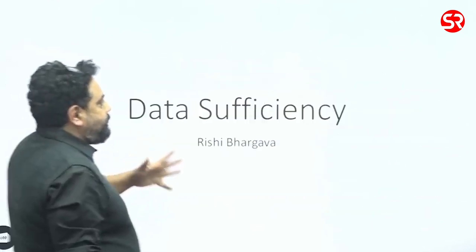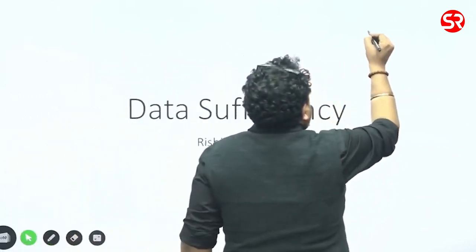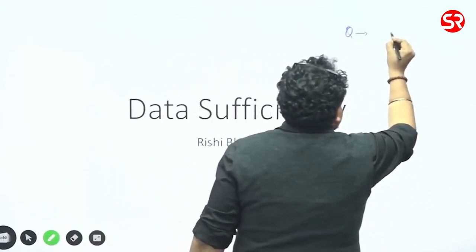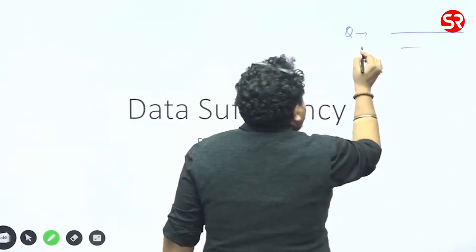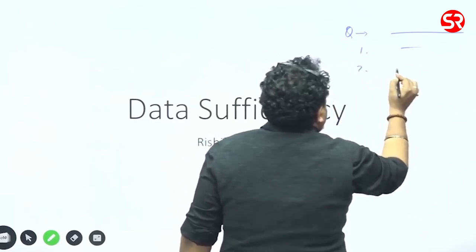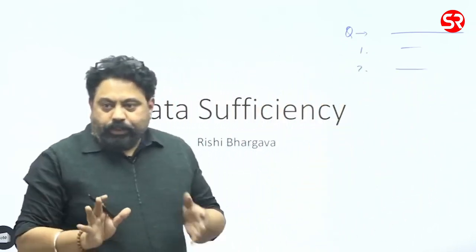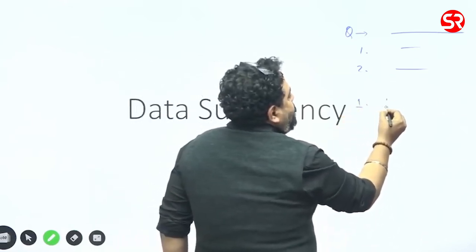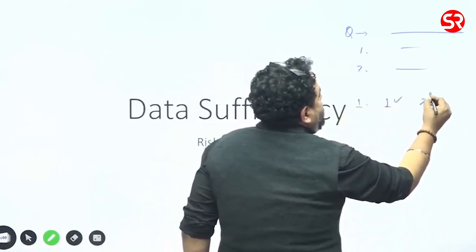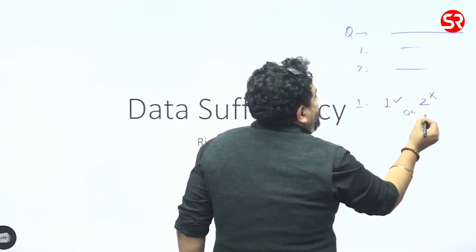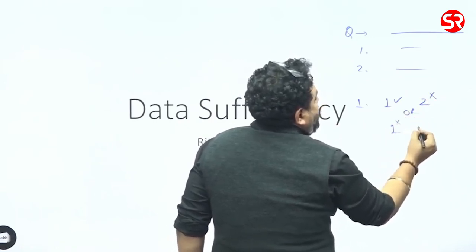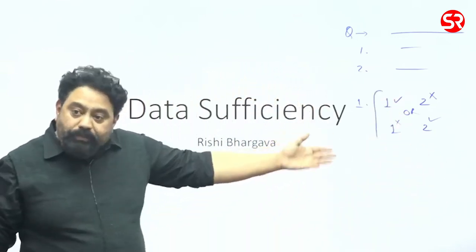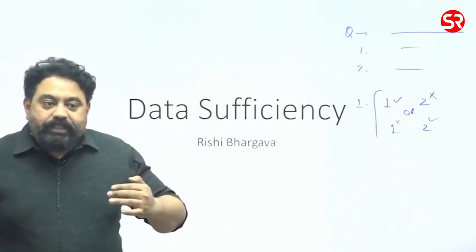Listen carefully. There is one question, and this question has statement 1, statement 2. Your answer is 1 if the question can be answered by one of the statements but cannot be answered by the other statement, or cannot be answered by the first and can be answered by the second.